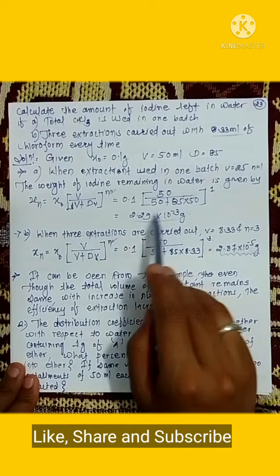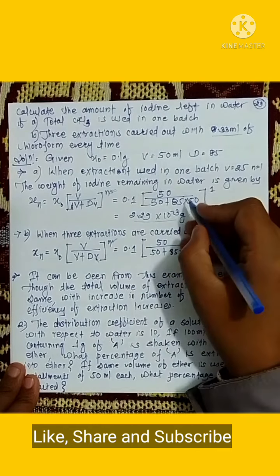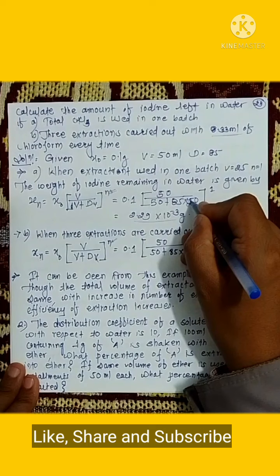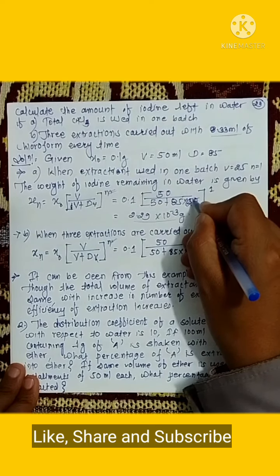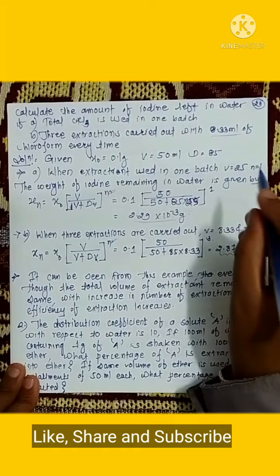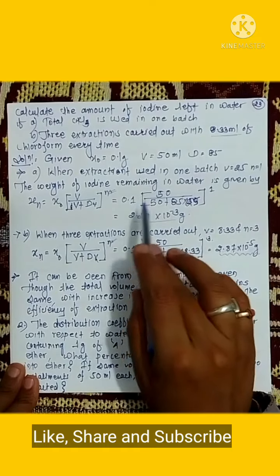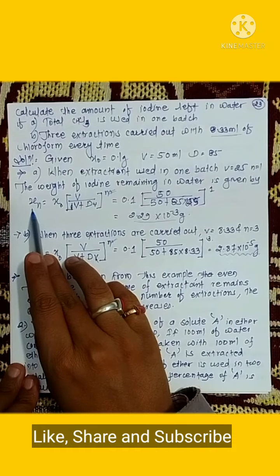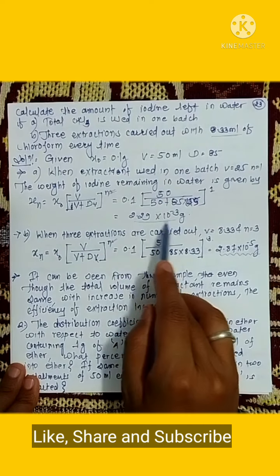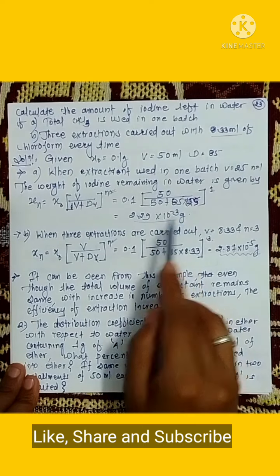So when we solve this, the value of small v is 25. When we put all the parameters in and solve this numerical, we come up with the amount of iodine left in the water, which is 2.29 into 10 raised to the power minus 3 gram.